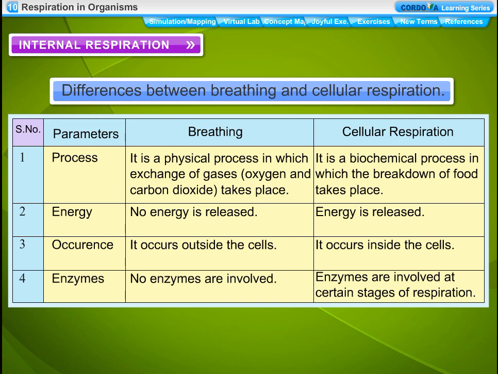Breathing is a physical process in which exchange of gases, oxygen and carbon dioxide takes place. No energy is released. It occurs outside the cells. No enzymes are involved. Cellular respiration is a biochemical process in which the breakdown of food takes place. Energy is released. It occurs inside the cells. Enzymes are involved at certain stages of respiration.